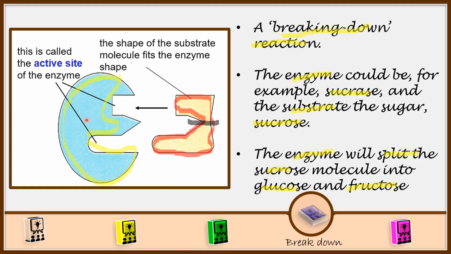This reaction is a hydrolysis reaction, and it is going to break down sucrose into glucose and fructose. But we are using the enzyme sucrase to speed up that chemical reaction so that sucrose is broken down into fructose and glucose very fast.